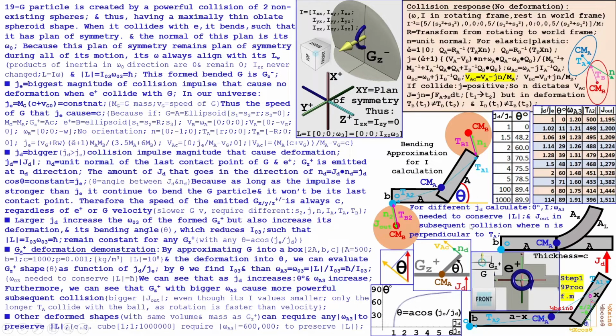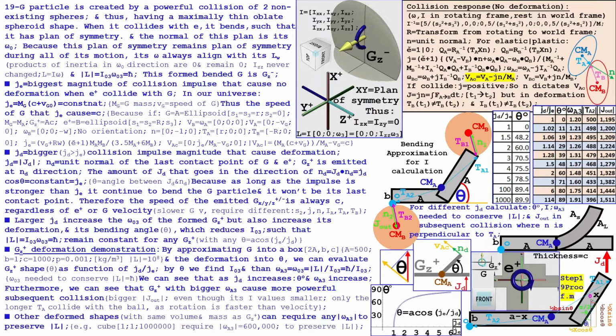However, only the impulse at the last contact point dictates the speed of the emitted G particle. Therefore, any bigger collision impulse will continue to bend G at their contact point. And this point won't be the last contact point until the collision impulse reaches the magnitude of the non-bending impulse. Thus, any collision impulse will emit any bended G at the speed of light.